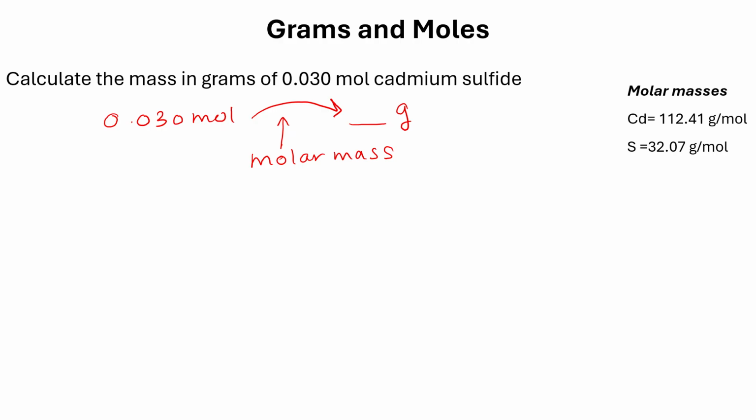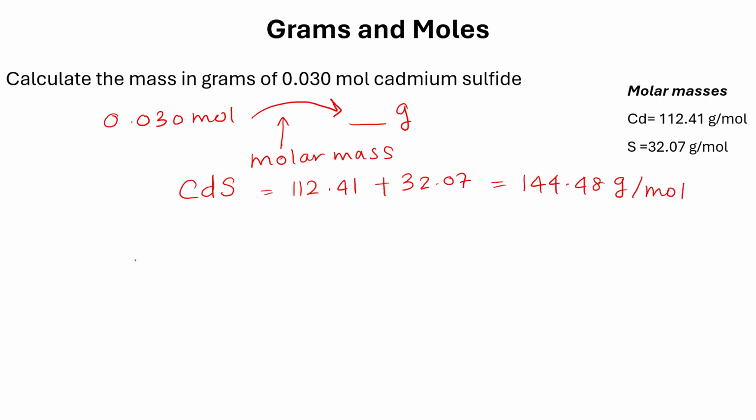Cadmium sulfide, the formula is CdS. So cadmium mass is 112.41 grams, and then sulfur is 32.07. Altogether, the molar mass of the substance is 144.48 grams per mole.